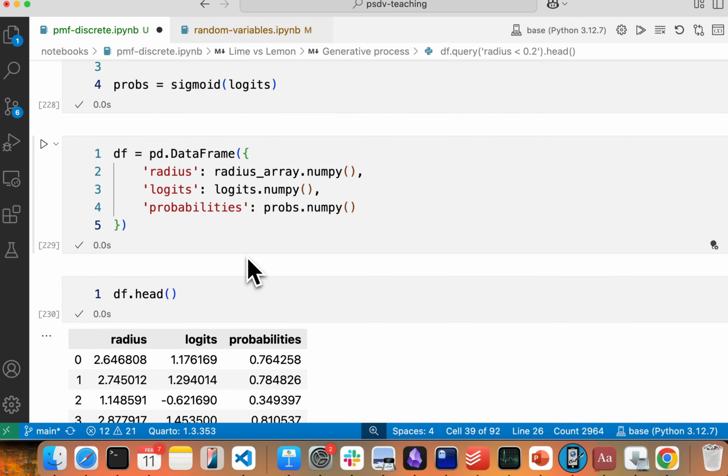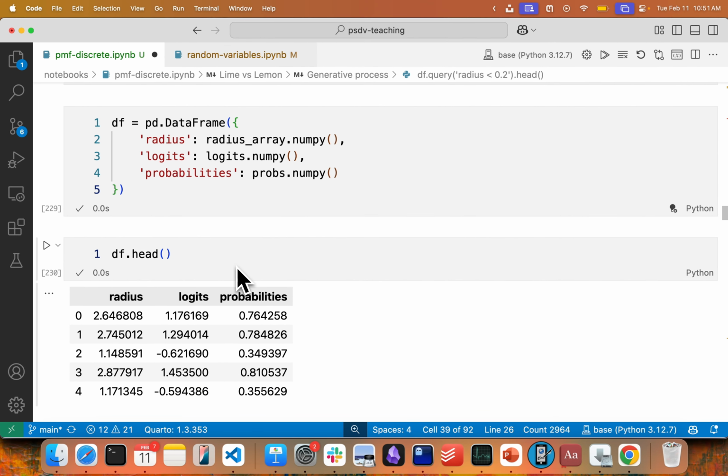If I look at this data frame, let's try and understand what it is telling us. For radius 2.64, I get the logits to be fairly positive, 1.17. The probability of it being a lemon is 0.77. So this is the generative process.